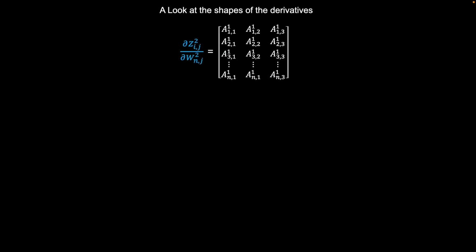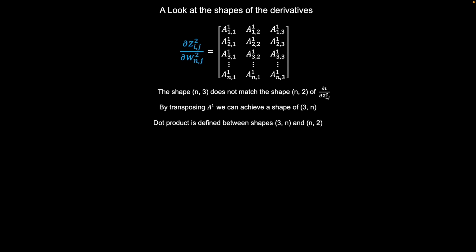When we look at the derivative of Z2 with respect to the weights of layer 2, we get a different shape. So recall that the derivative of Z2 with respect to W2 is simply A1, or the input of the hidden layer. This matrix has a shape n by 3 and doesn't match the shape of the previous two derivatives.